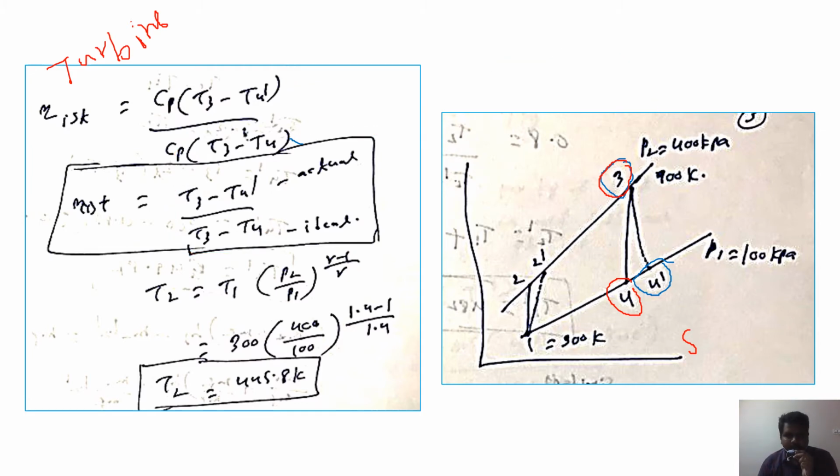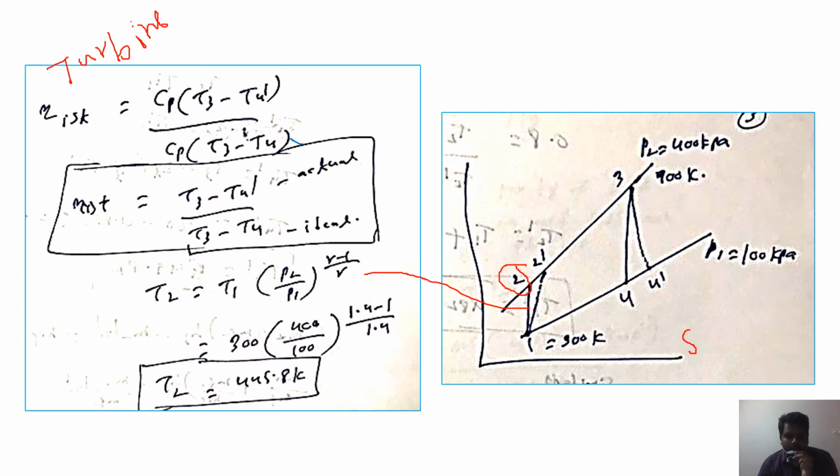Now let us find temperature at point 2. From this TS diagram we can write T2 equals T1 into P2 by P1 whole power gamma minus 1 by gamma.